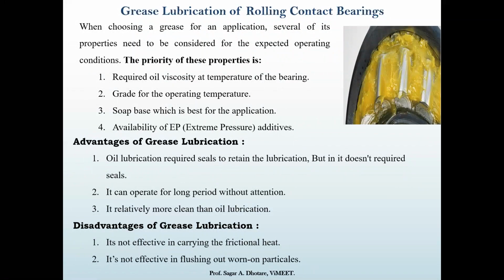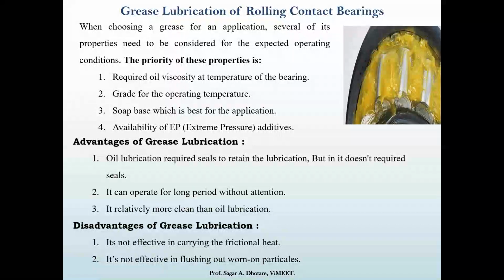Advantages of grease: oil lubrication requires proper sealing to retain the lubricant, but grease doesn't require any kind of seals. Second one, it can operate for a very long period without attention. We should not provide any special attention for checking that the grease is moving from the bearing. So that's why we normally apply the grease inside the bearing, which is shown in the figure.